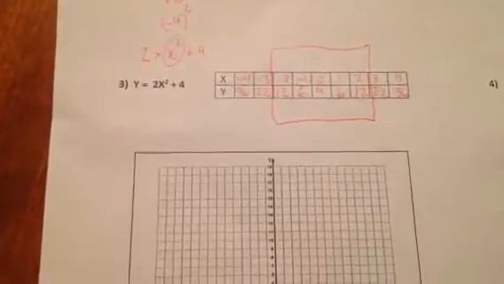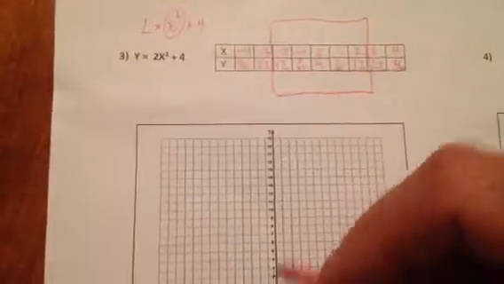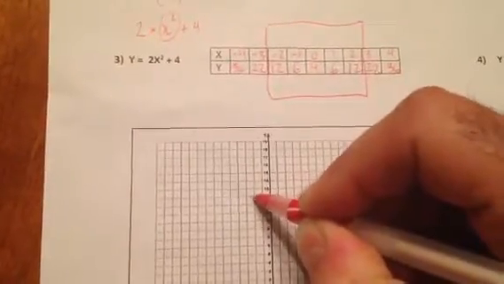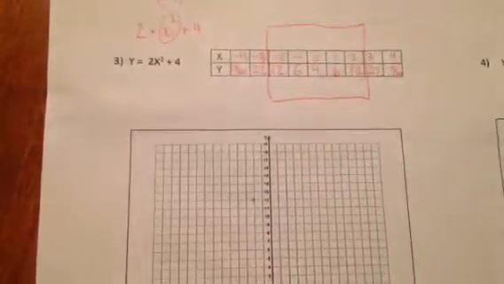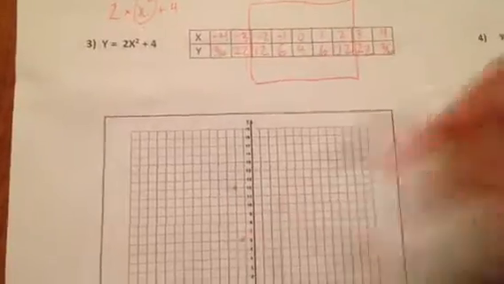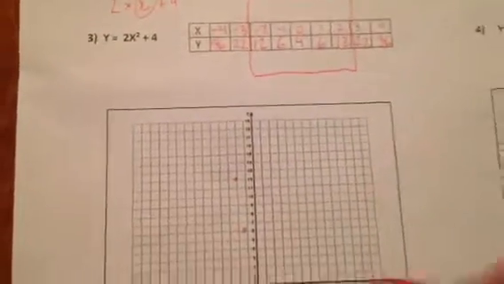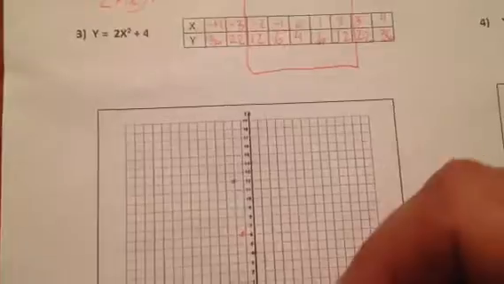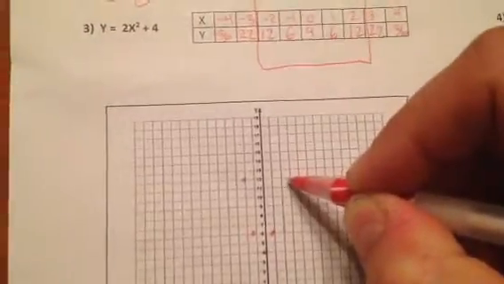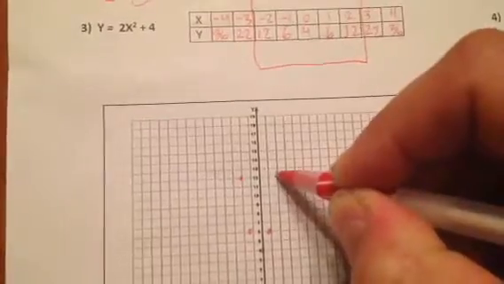So let's do that. It's -2, 12. So -2, 12 is right there. -1 is 6. -1, 6 right there. 0 is 4. 0, 4. 1 is 6. 2 is 12, which is right there.